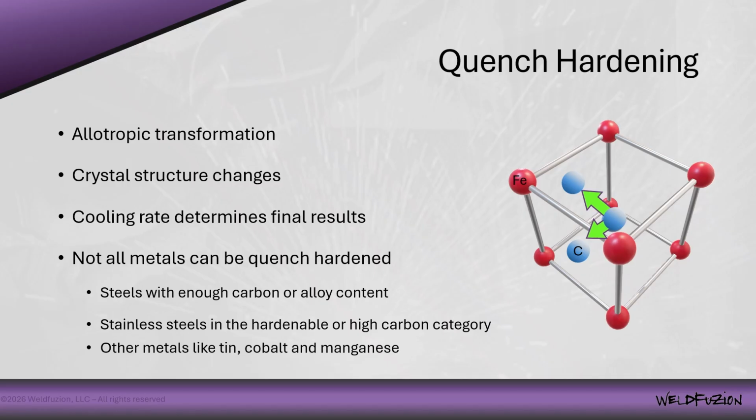Just know that this means the material, like steel, changes internally when you apply a certain amount of heat. And based on how much carbon and alloy content is in that material, it's going to change the crystal structure. And the metal can be quenched back to or near room temperature, and it can lock in a new phase, right, if it's got enough of that alloy content. And that's going to be stronger and harder depending on the cooling rate or the quenching rate.